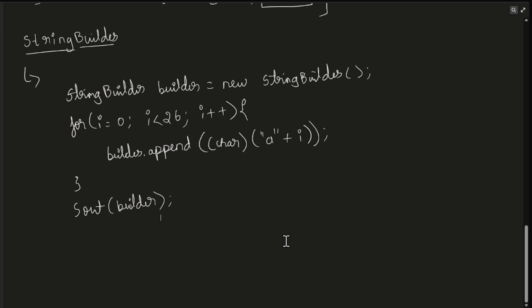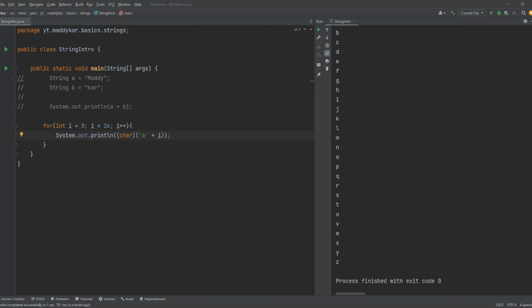Let me just write down the same program in IntelliJ. Switch the screen. Okay, just comment this out. Declare StringBuilder alphabets equals new StringBuilder. Start the for loop from 0, goes till 26, and increment for every iteration.